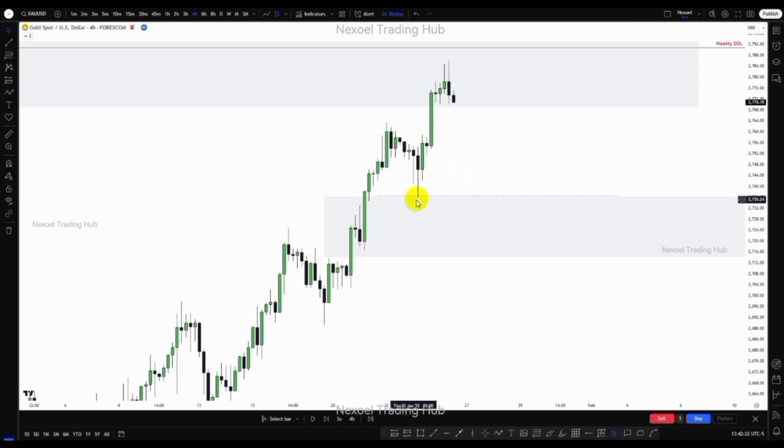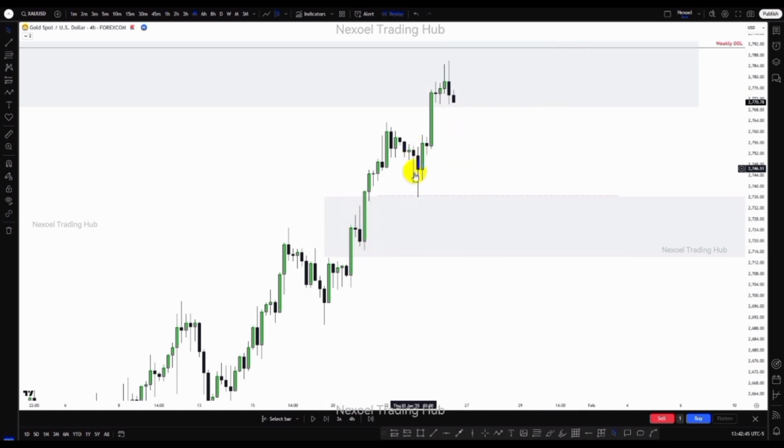This is the sell side liquidity, which is now going to serve as the next draw on liquidity before we have the bullish continuation to the weekly buy side draw on liquidity, which is the external draw on liquidity, since we know that we are in a bullish market condition. So clearly, from the 4-hour time frame within the daily fair value gap, we have this bullish order block.